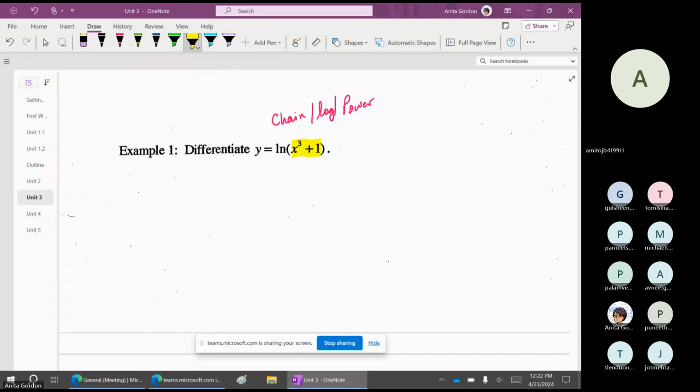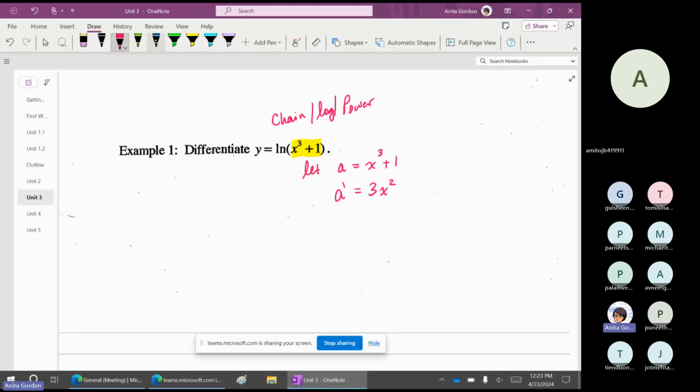Okay, so if I let, I don't know, let's pick another letter, a equal x cubed plus 1, then a prime is 3x squared by the power rule. Don't we already have a rule that says the derivative of ln of x would just become 1 over x?